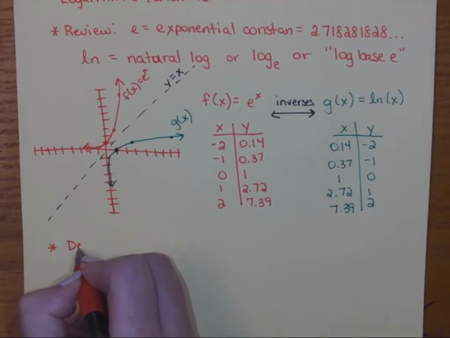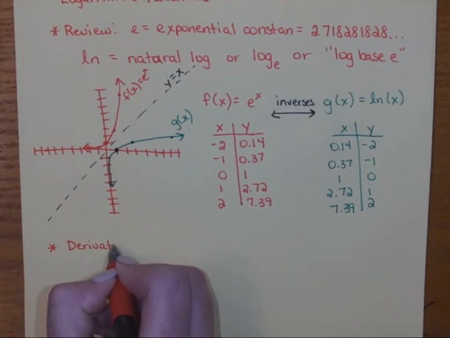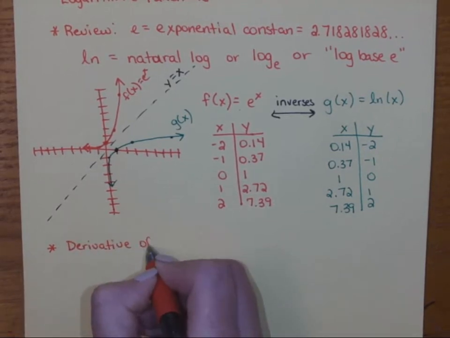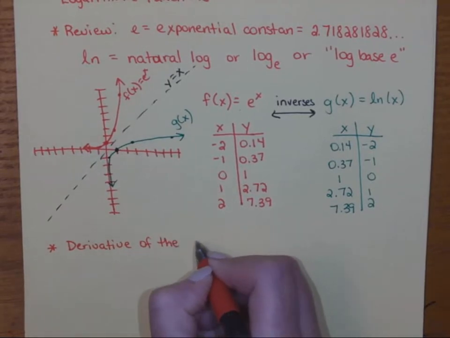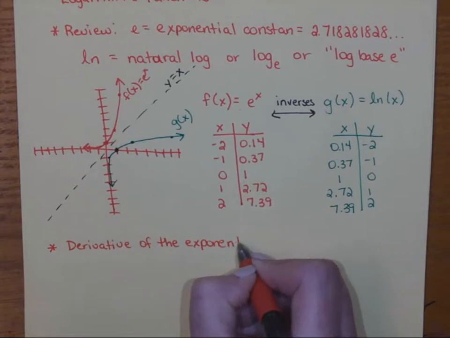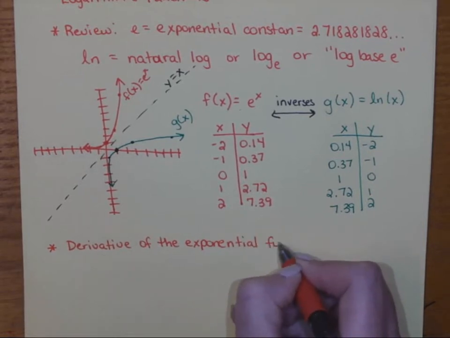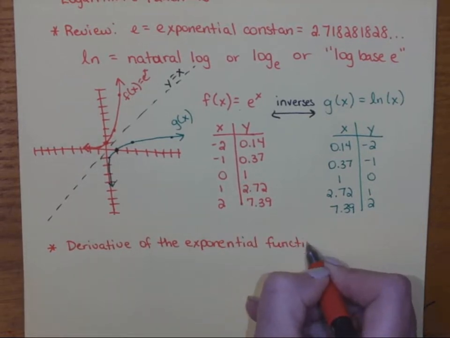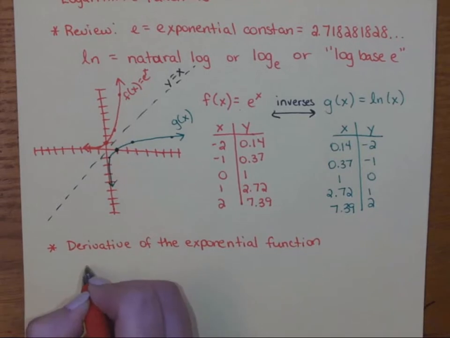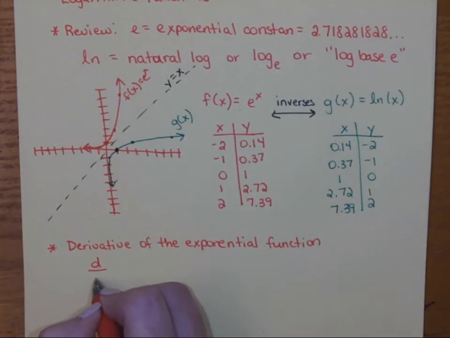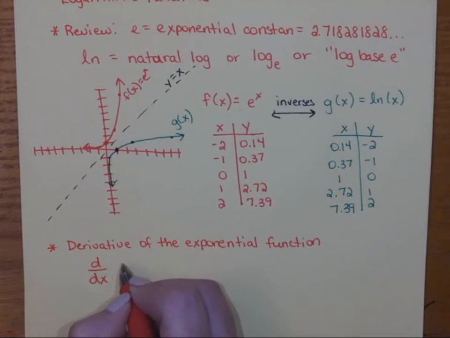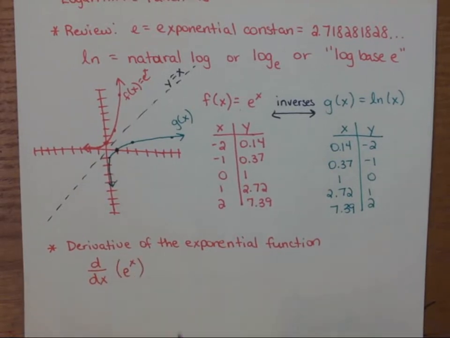Remember, derivative is still the slope of the tangent line. And the derivatives of exponential functions and logarithmic functions I really just consider to be special cases. Alright, so if you want the derivative of the exponential function, remember this d dx notation just means, hey, find the derivative of e to the x.